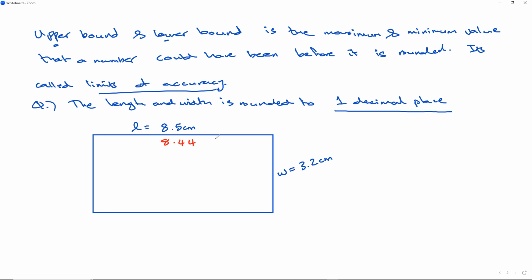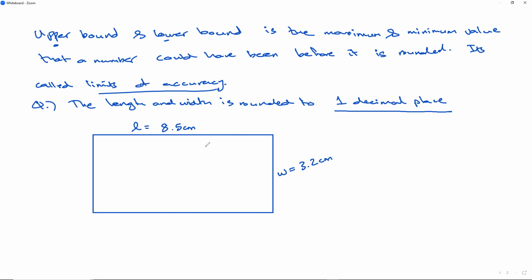So that's not a possibility. But we know it definitely starts from 8.45 and it works its way up. And we could then end up with 8.50, 8.51, 8.52, 8.53, 8.54. That would all round to 8.5. The moment it becomes 8.55, it goes to 8.6 and it's out.